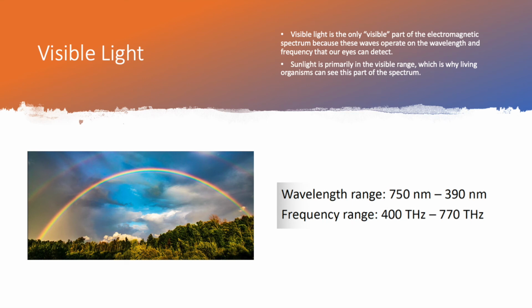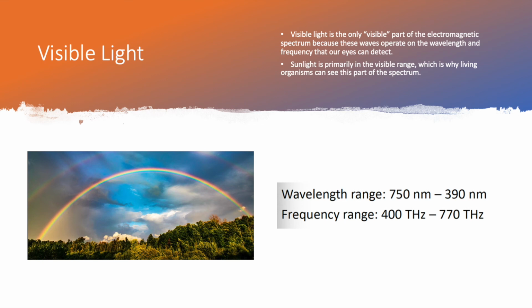And then we get to visible light, which has a wavelength of 750 nanometers to 390 nanometers and a frequency of 400 terahertz to 770 terahertz. Visible light is the part of the electromagnetic spectrum that you can see with your naked eye.